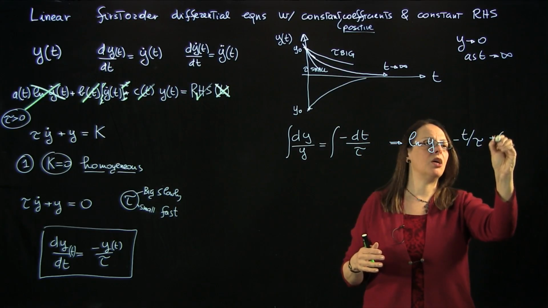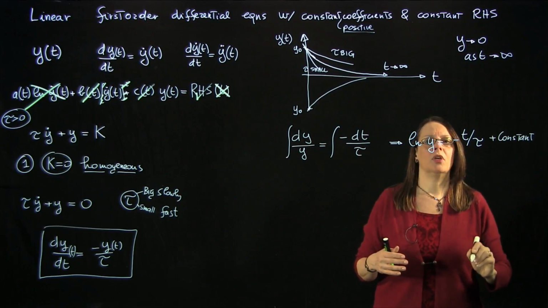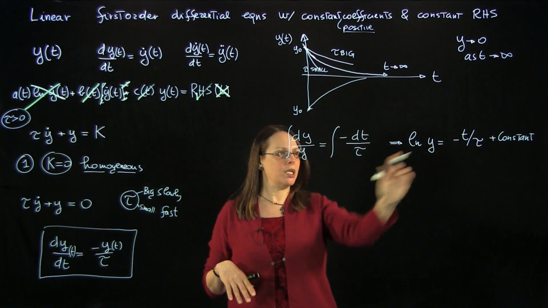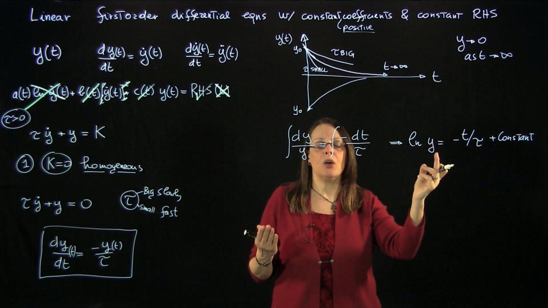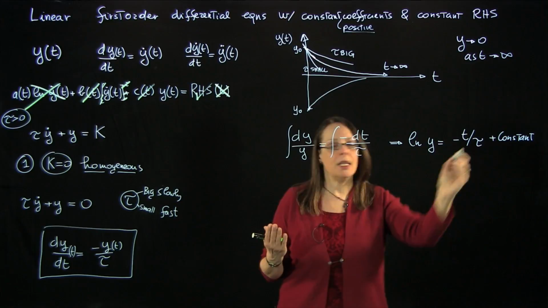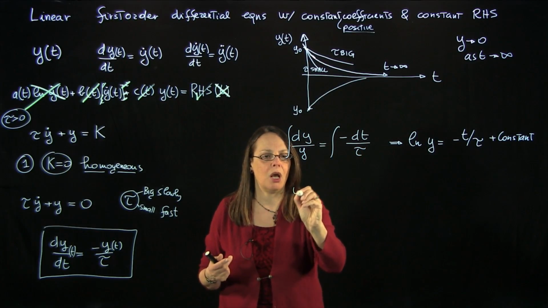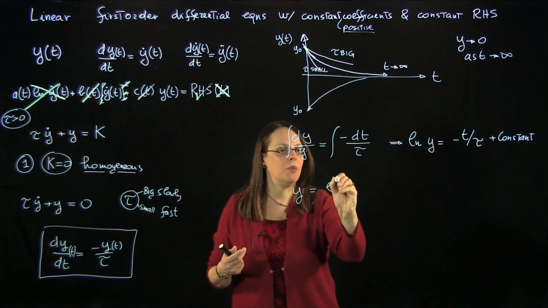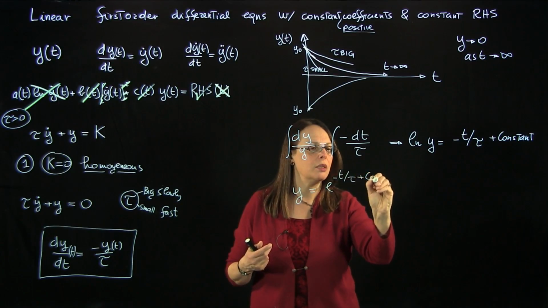So I have to write plus constant. All right, so I like this, but I don't like the log in it. So I'm going to exponentiate left and right. So I'm going to do e to the log of y, and e to the log is just y. And then I have e of the right-hand side. So y equals e to the minus t over tau plus constant.